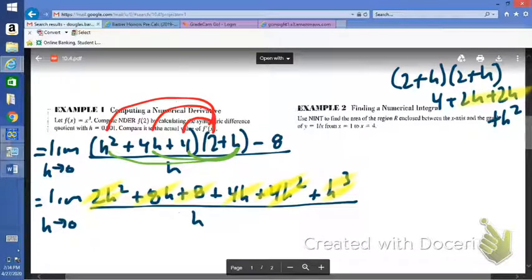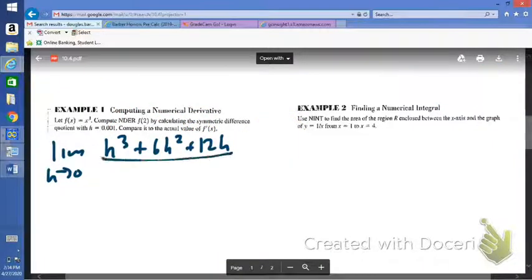And then a positive 8. So we have a positive 8, and we have a negative 8. So that's going to be 0, all over h.